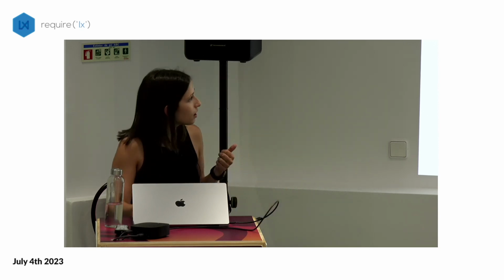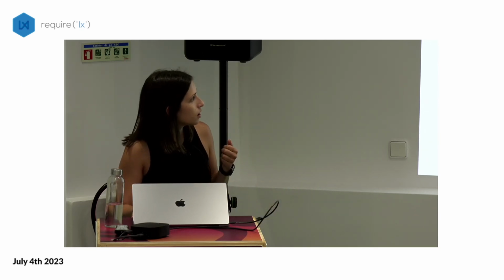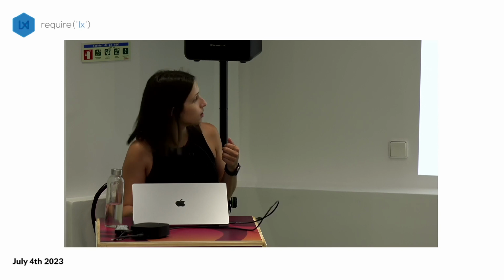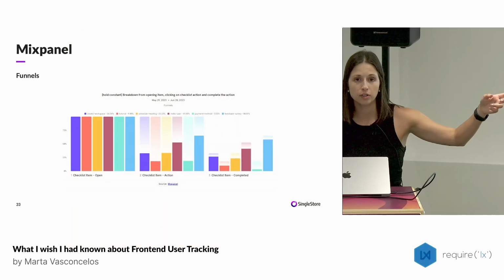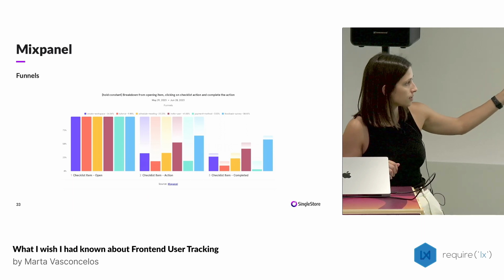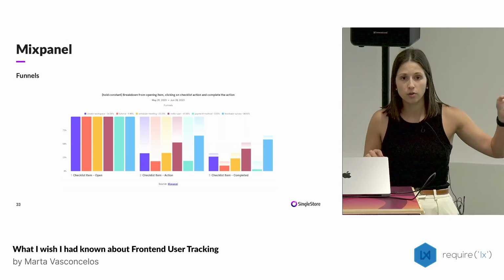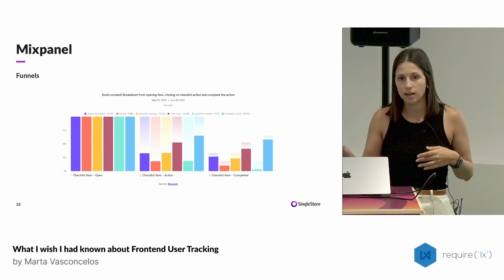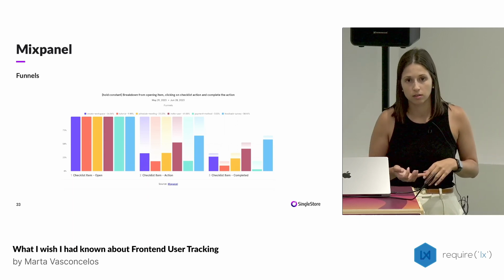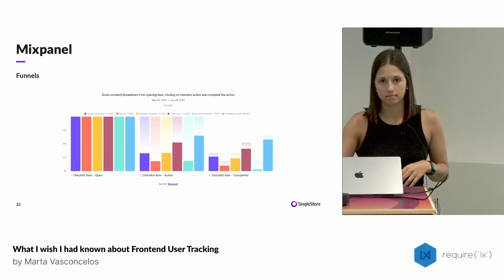The example I had here is actually the same event being triggered in different places, but it has a different ID. So you know that event is the same, but then you can break down by ID and have all the information as well. Okay.